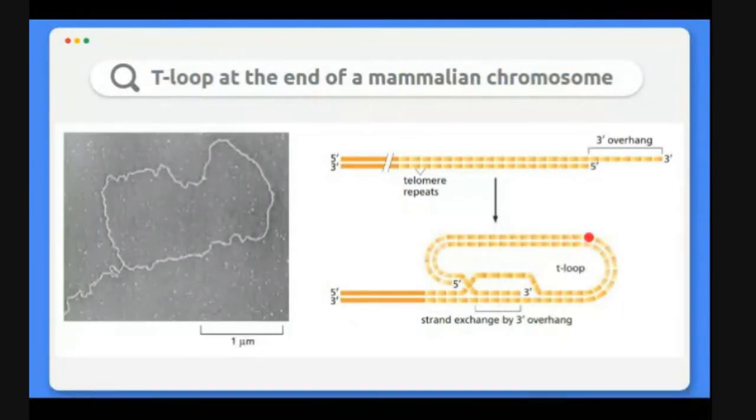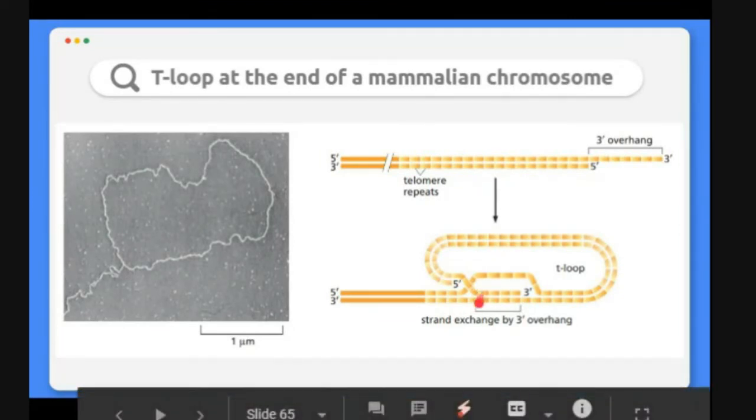And also, mayroong T-loop na nakikita sa end ng mammalian chromosomes. And this T-loop, inevitably kasi 'pag nagre-replicate ka ng DNA, magkakaroon ka talaga ng overhang or ng space. So now, this overhang, it tucks itself between two strands, the two strands of your DNA in your telomere region to protect it.